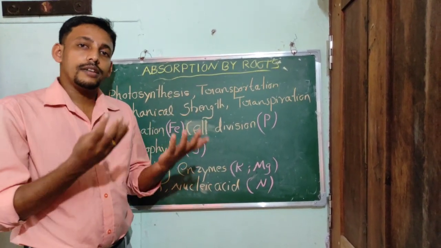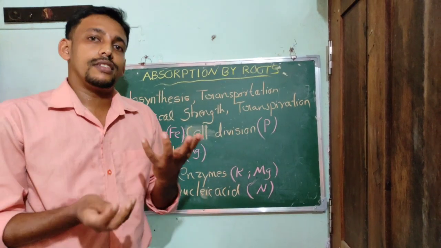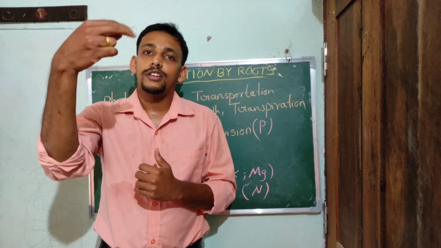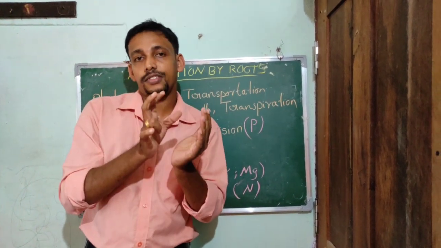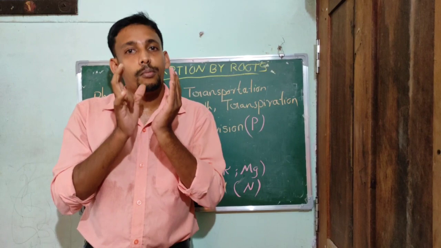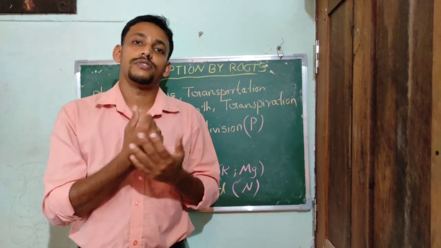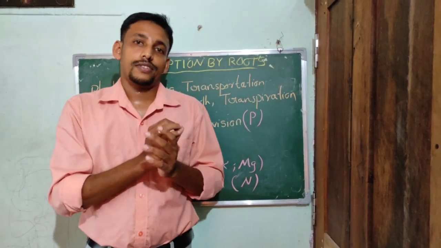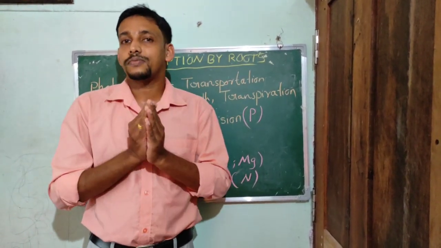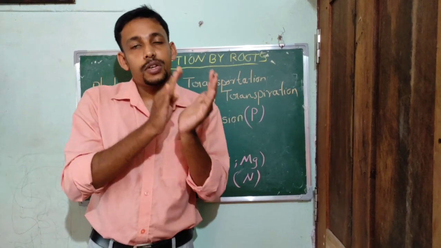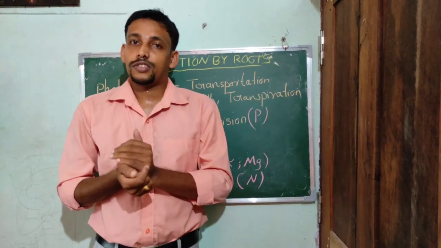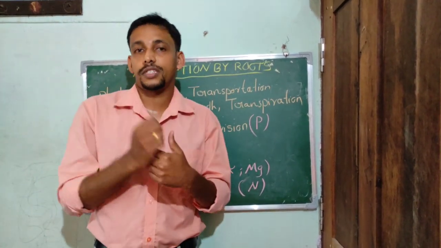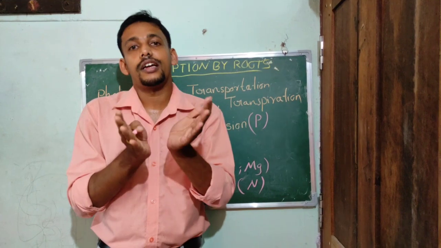Then how does the plant get these minerals and water? It is only through the roots. The terrestrial plants take minerals and water through the roots. So the roots may have some special characters, some adaptations, to do this function of absorption, the absorption of water and minerals.